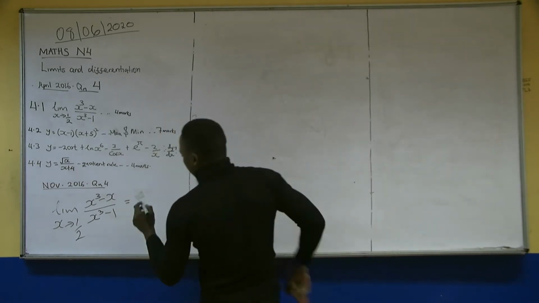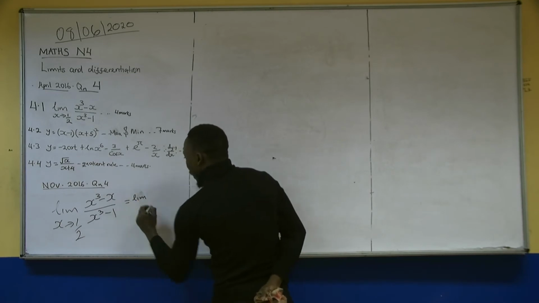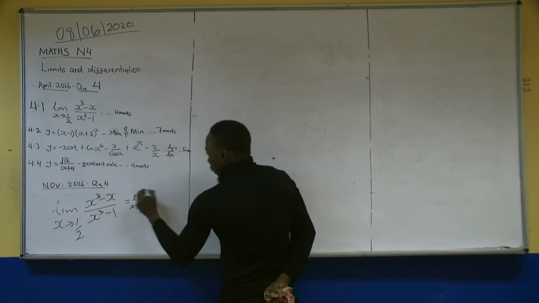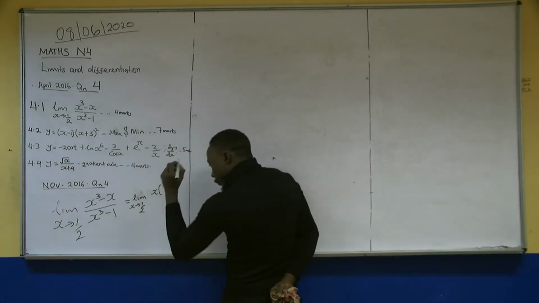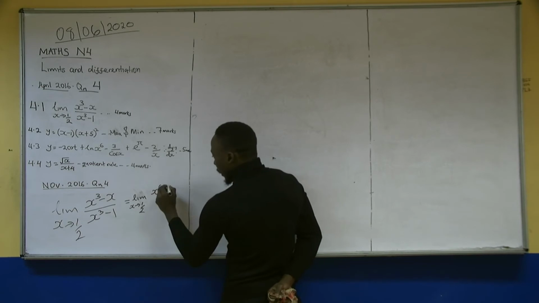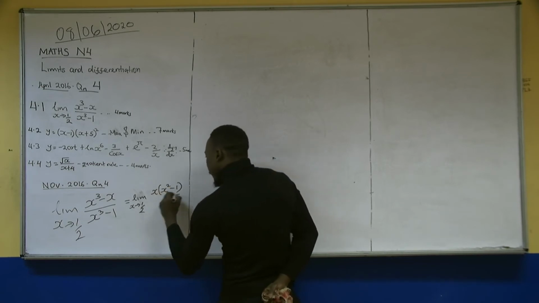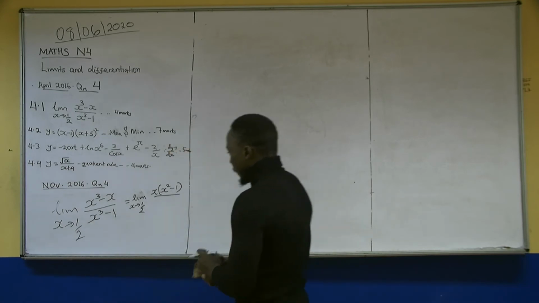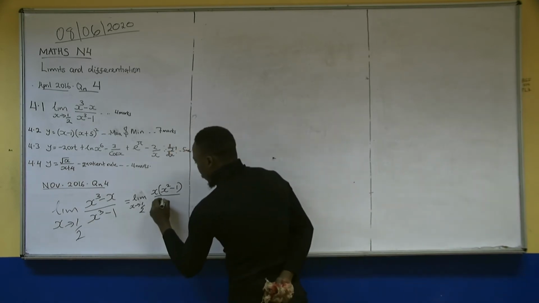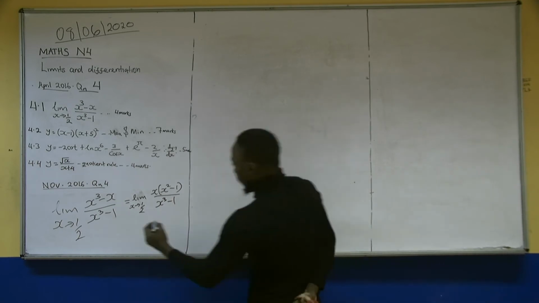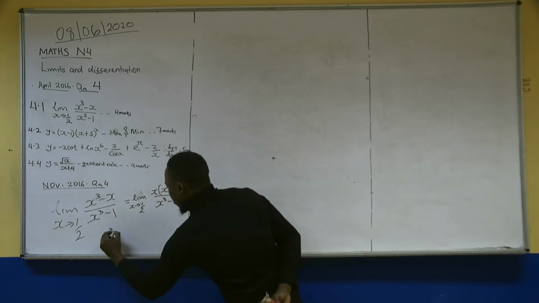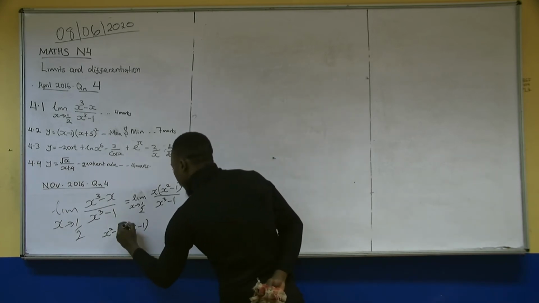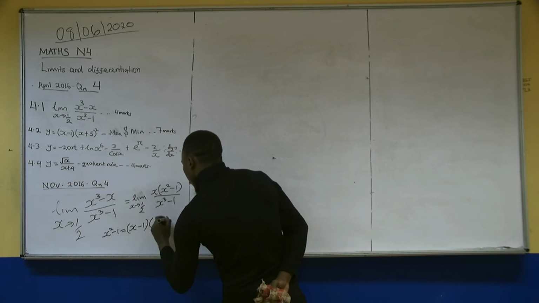Factorize out x. We maintain our word limit as x goes to a half. X appears on all sides, so we factorize it out. Here in the bracket I remain with x squared minus 1 divided by, when you look at this denominator, x cubed minus 1. Remember x squared minus 1 is the difference of two squares, which is equal to x minus 1 times x plus 1.